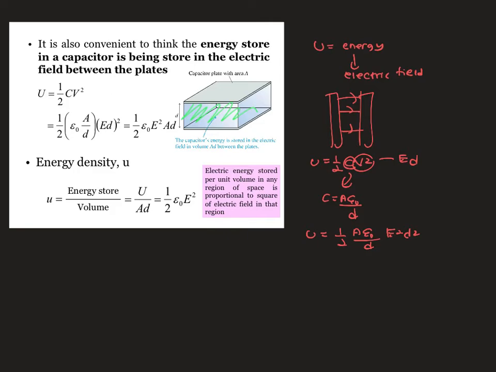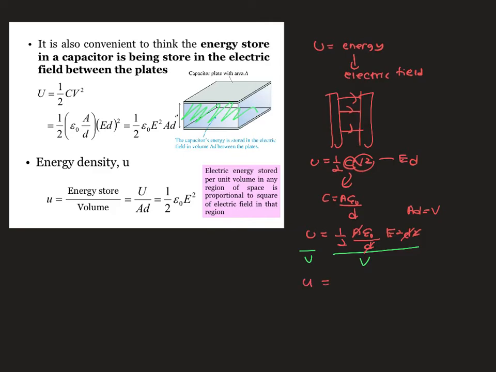When we divide both sides by volume, on this side area times d gives you the volume. So U over V gives you the energy density, denoted by small u.